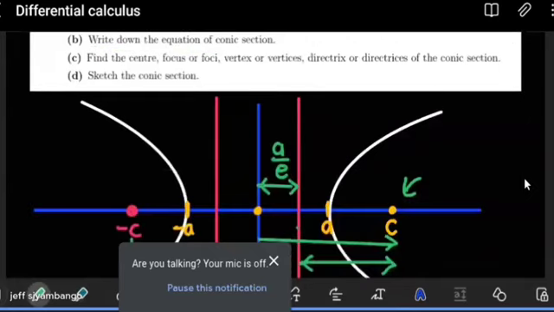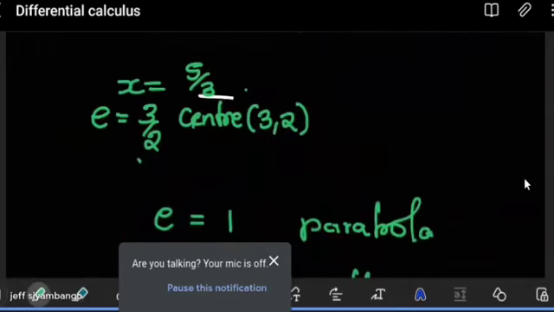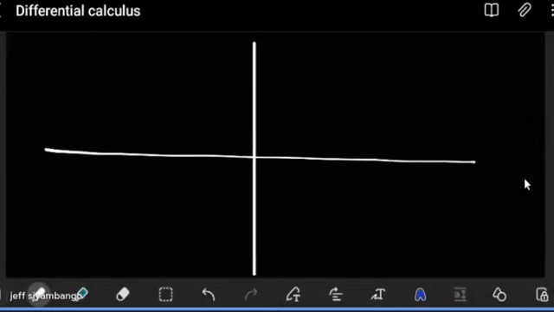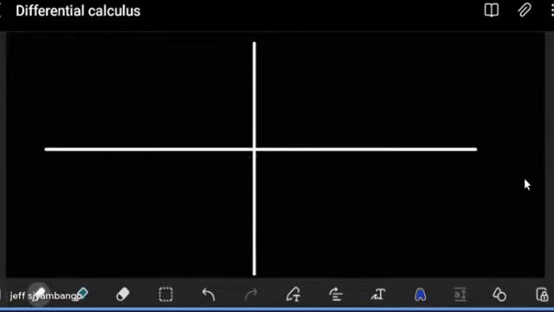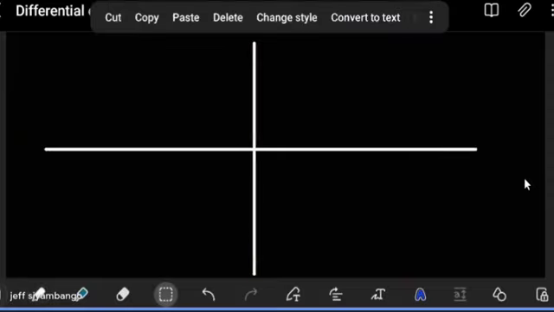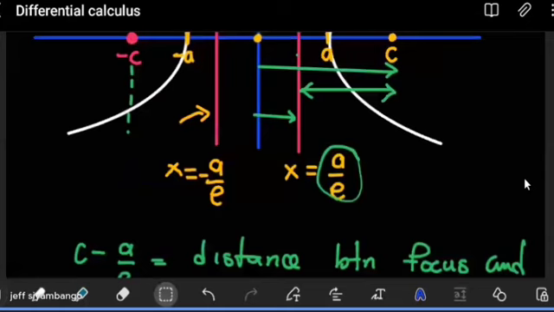To write down the equation, I like going with a sketch first so that you can create a mental picture of what is happening. First, the question gives us the center.